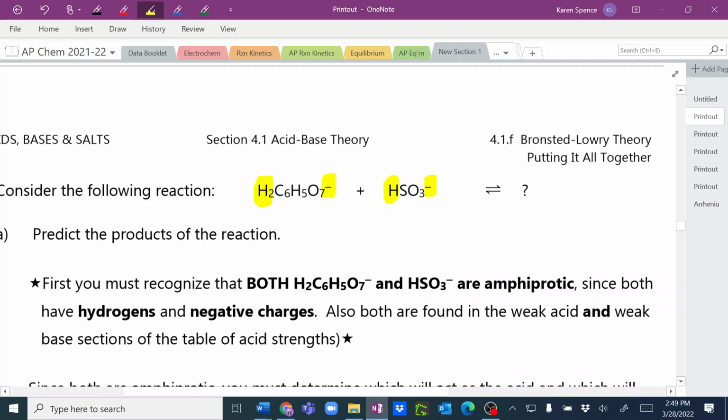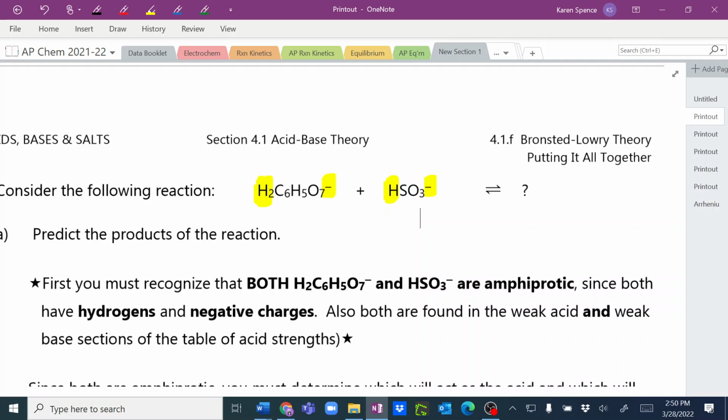What are they? They are both amphiprotic. So who is going to act as the acid and who is going to act as the base? The stronger of the two is going to act as the acid and the weaker of the two is going to act as the base.